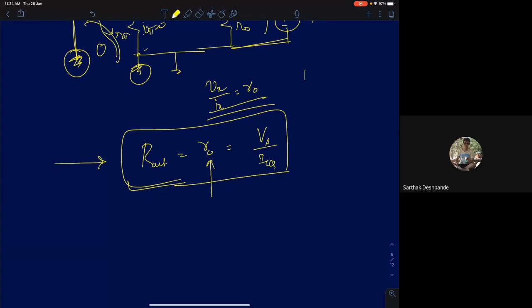This is the R naught that you get from the output characteristics of a BJT, IC versus VCE. 1 by R naught is the slope here, and it is also a function of the quiescent current. If you increase your collector current, R naught reduces.